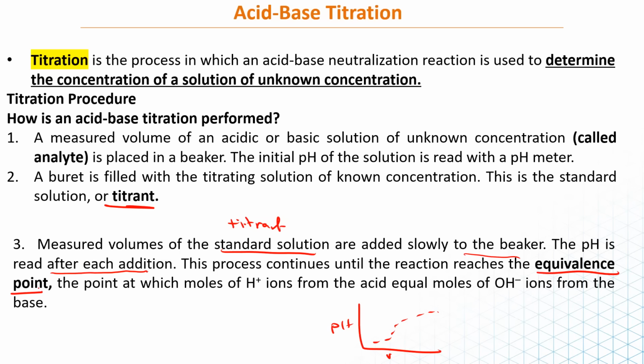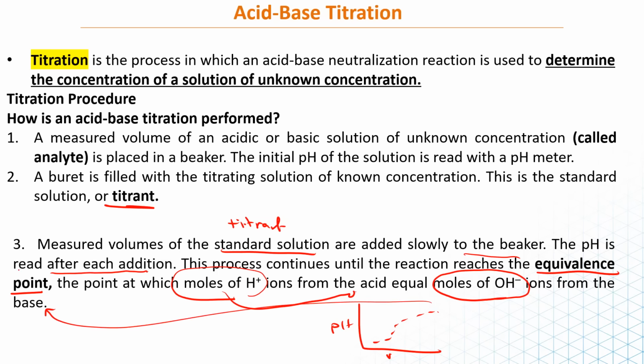What is the equivalence point? It is the point in which the moles of H plus will be equal to the moles of OH minus. This one is from the acid and this one is from the base. How do we know that we reached the equivalence point? The color changes. We add something that makes the color change when we reach the equivalence point.